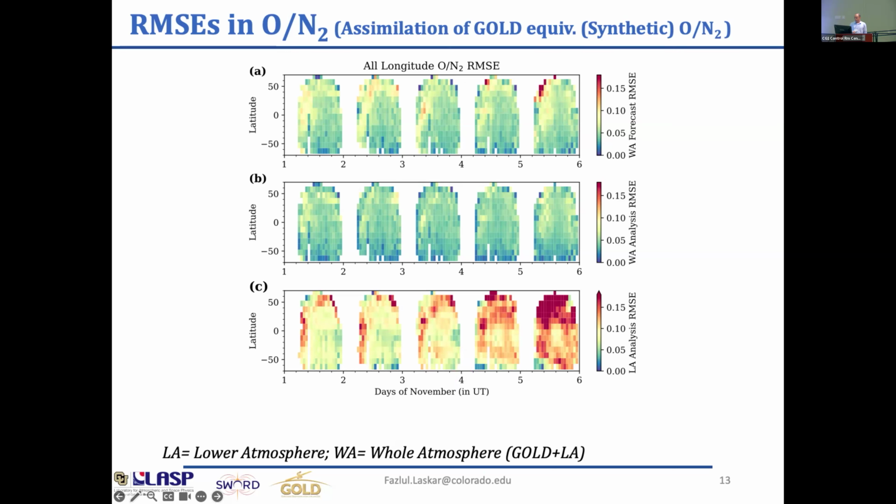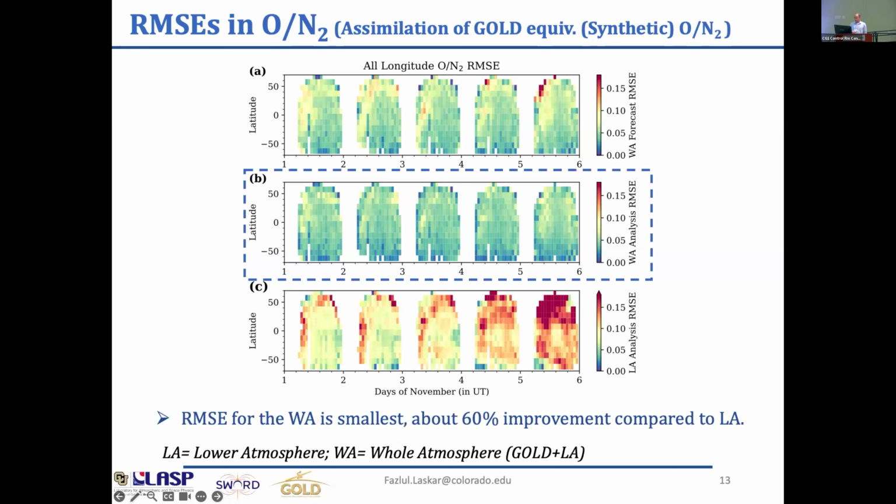And what we can see, the remarkable feature is the middle one, which is the whole atmosphere analysis RMS errors. This one introduced the gold data, and the lower one is the lower atmosphere only. It does not have the gold data. So you can see clearly the middle one has the smallest RMS errors. And the improvement compared to the lower atmosphere only assimilation was about 60%.